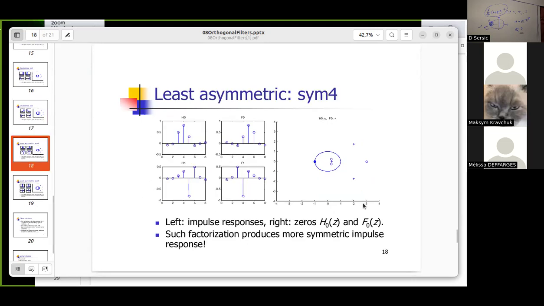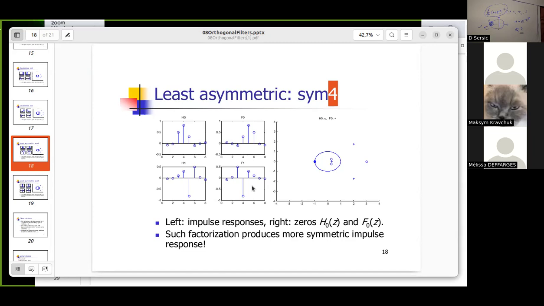So if you make a mix, for example, for d equals 4, maybe 2 internal ones can go to the analysis filters and 1 can go to the synthesis filter. In such a case, we can have a least asymmetric result.